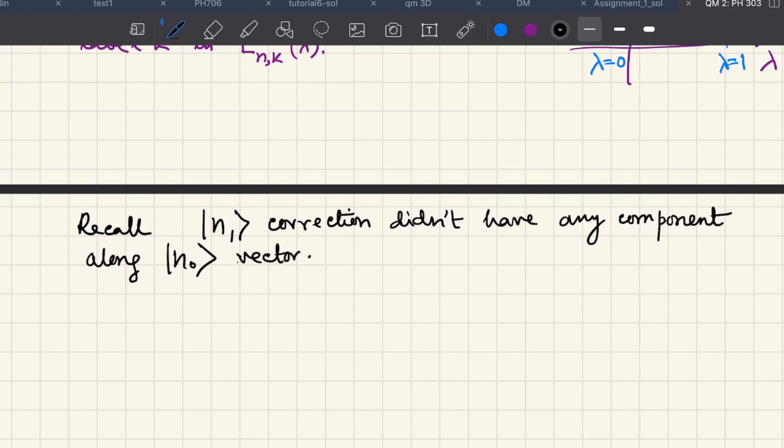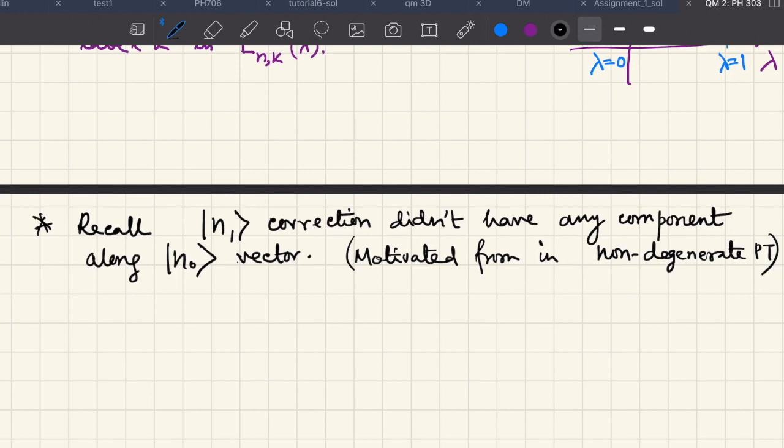In fact, we have seen that we can arrange this. So this was actually motivated from our observation in non-degenerate perturbation theory.